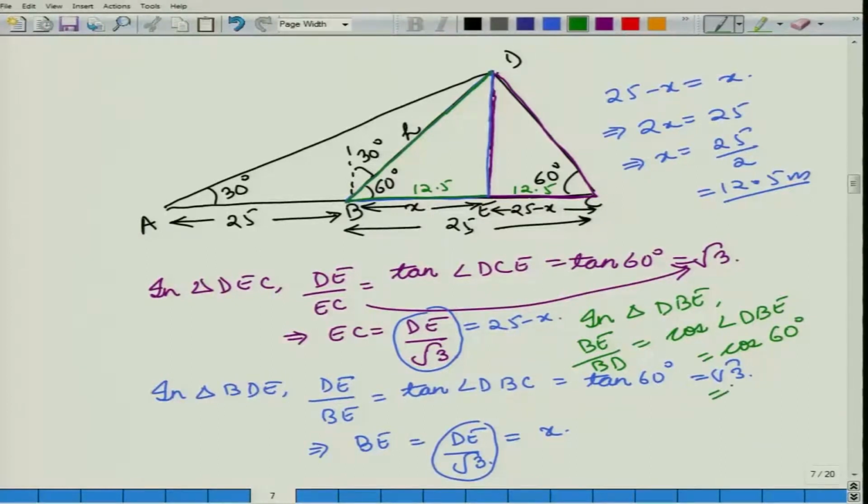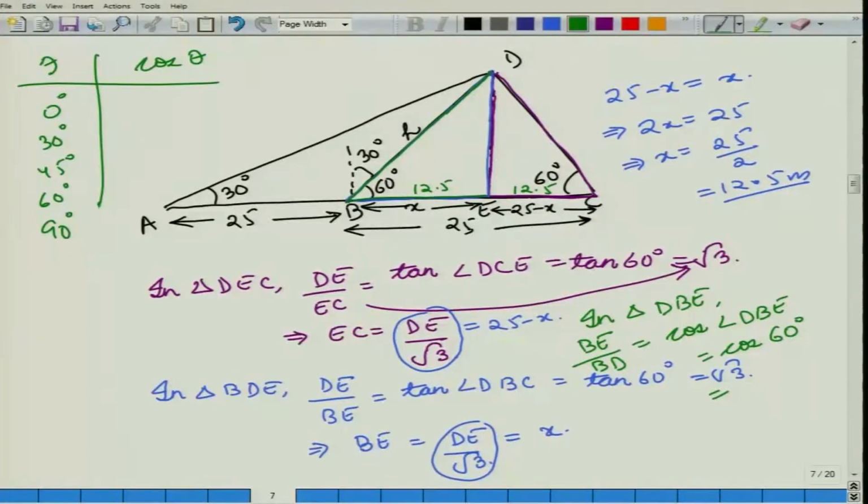Now, how much is cos 60 degrees? If we look at the relations again, theta versus cos theta, 0, 30, 45, 60, 90, the relation goes like 0, half, 1 by root 2, root 3 by 2 and 1. So, cos 60 degrees is half.